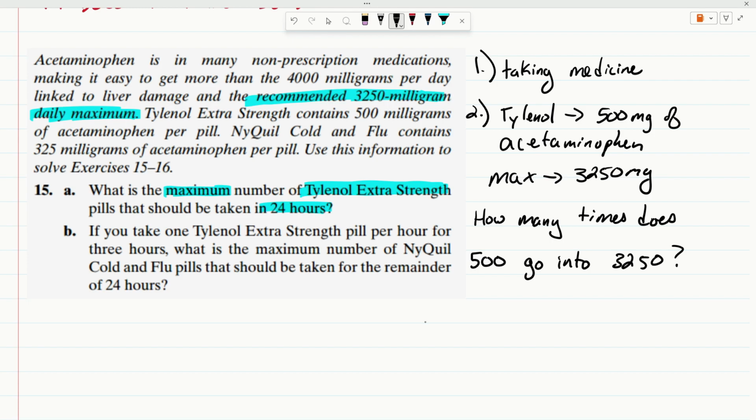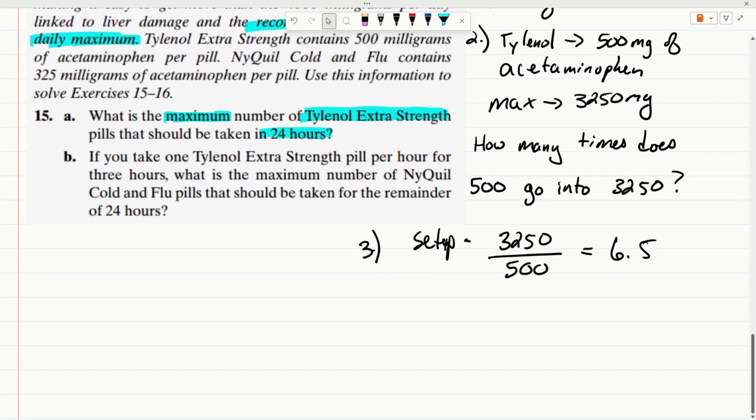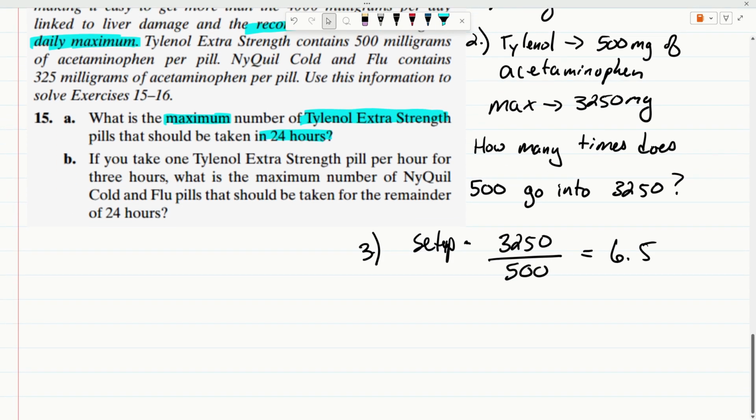So our setup is just going to be 3,250 divided by 500. So if I get out my calculator, type this in, I get 6.5. So this would be step 3. I'm sorry, I'm moving too fast. So that's step 3, carry out our plan. We're going to divide. So our max is going to be 6 because 6.5 would go over the max.